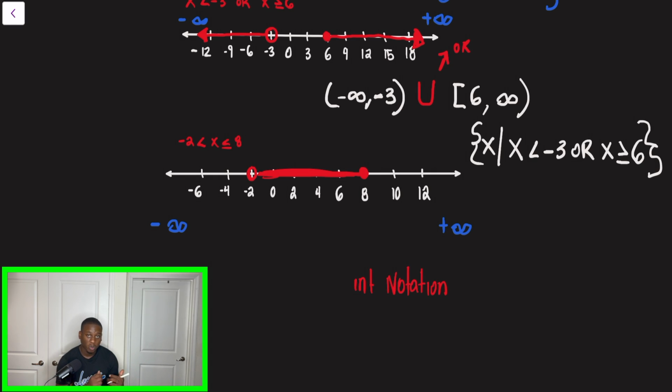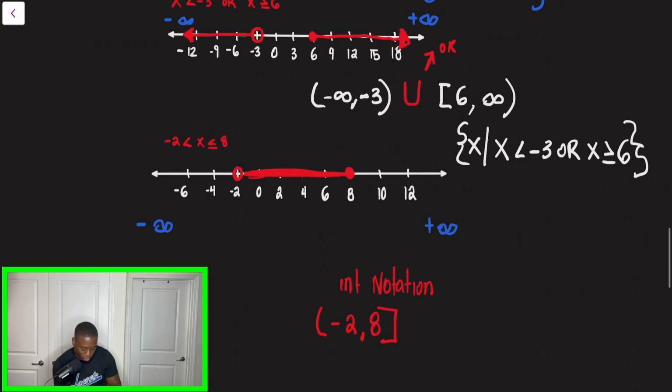They're staying in between those two numbers. So we're going to have a parenthesis around -2, right? Because it's an open circle. And then 8, we will have a bracket. So this is what the interval notation will look like. This is the only inequality that will not include the infinity sign in it.